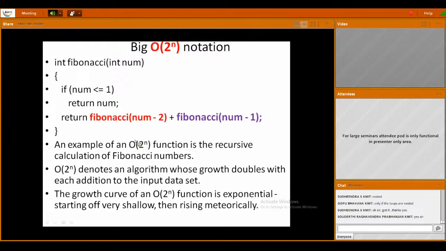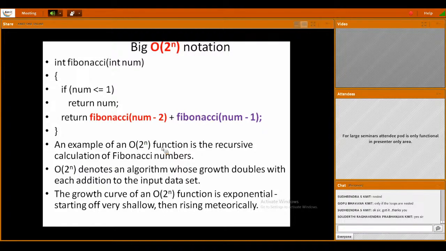Recursively, since we keep calling this, in this scenario, though there are no loops, this is an example of 2 to the power of n. The function is the recursive calculation of a Fibonacci number, and O(2^n) denotes an algorithm whose growth doubles with each addition to the input data.